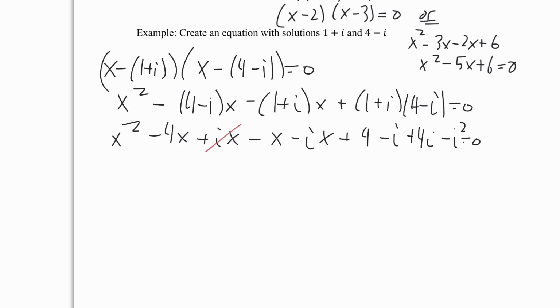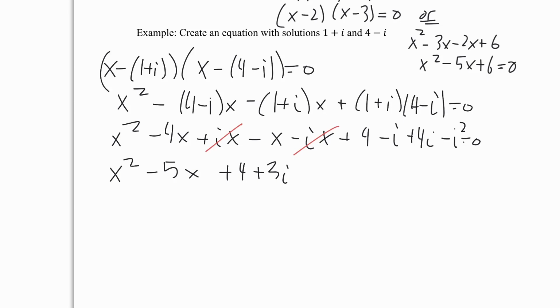Well, the ix cancels, so that's nice. Nothing else I see cancels, but we can combine some terms. So this is x squared, 4x and x, that'll be subtract 5x. Now the 4 and the i, well, there's a minus i and a plus 4i, so it'll be plus 3i.